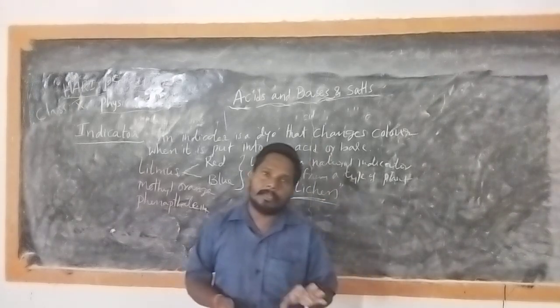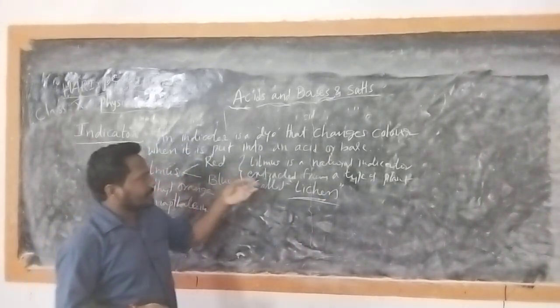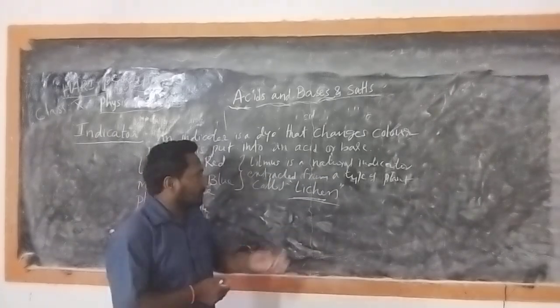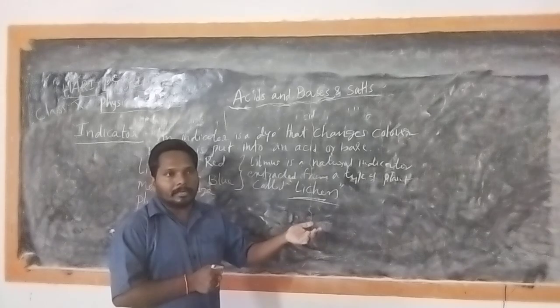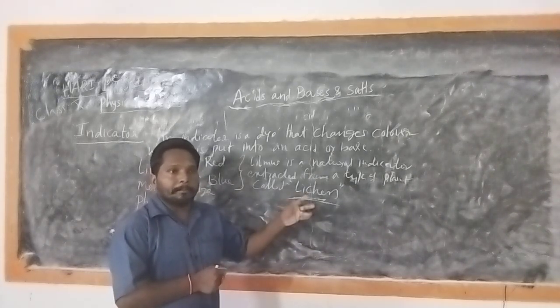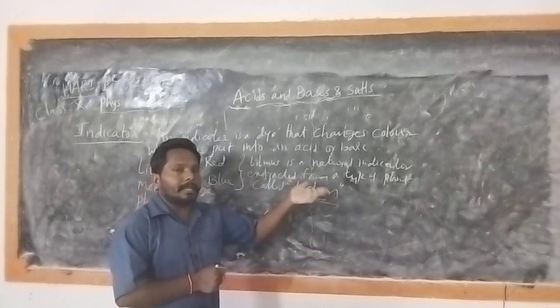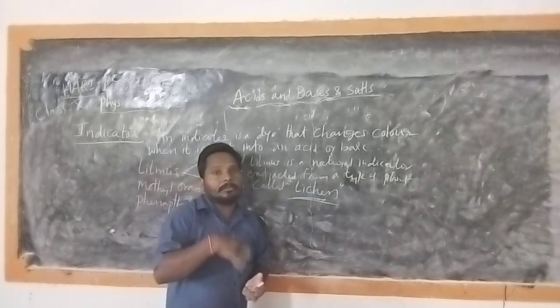So litmus is a natural indicator extracted from a type of plant called lichen, which is under the category of Thallophyta. Actually its color is purple.